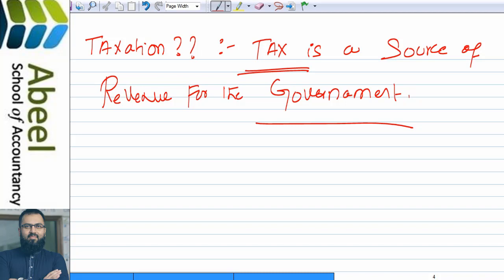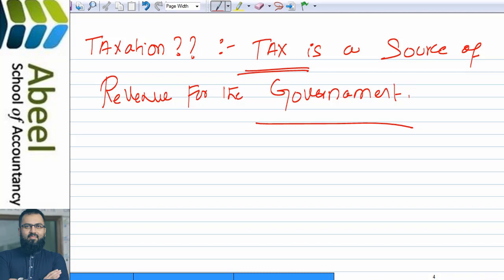The answer is, governments charge tax to rich, wealthy people so that the government can use those funds on poor people, for the welfare of other people who don't have enough funds, who are not very rich. And another objective of charging tax is distribution of wealth also.